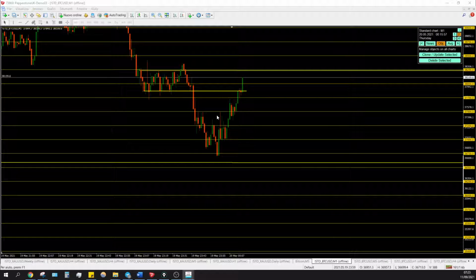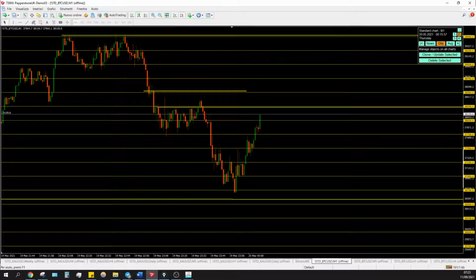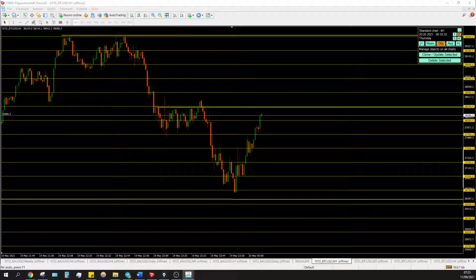Okay, looks like, as I showed you, we are back into the range. We can take safer forward buys up to this key level, 38 to 50, if price goes up. If it gets rejected at the top of this order block, we wait for the retest and then continuation down.